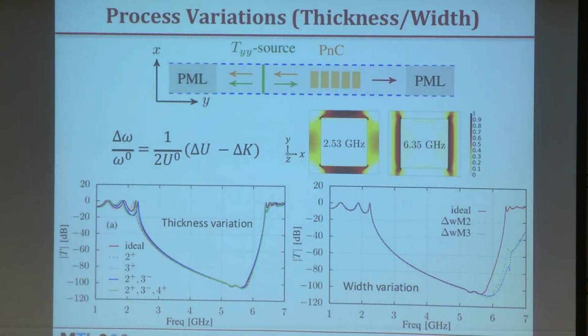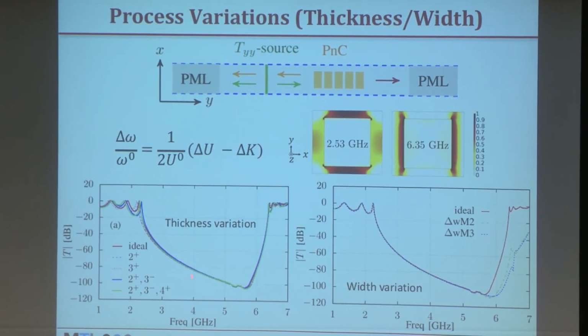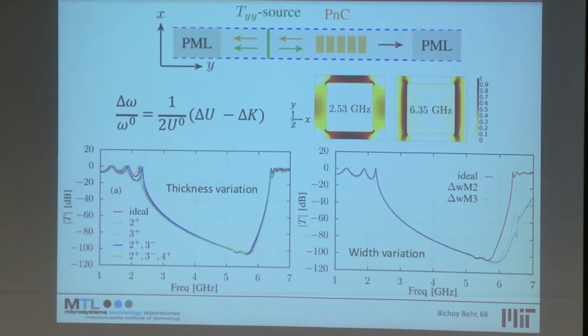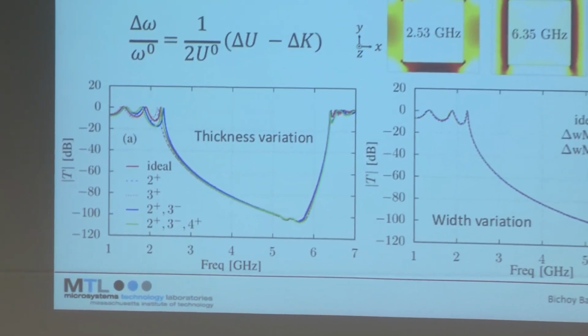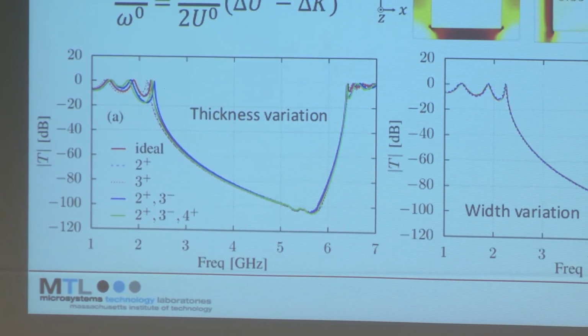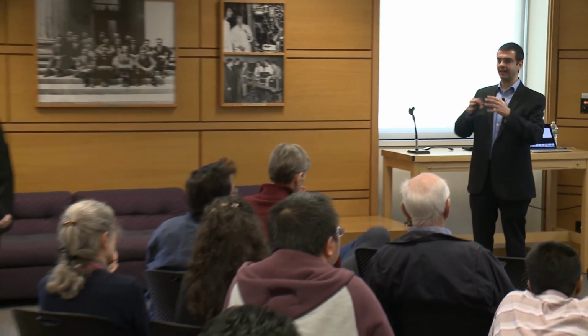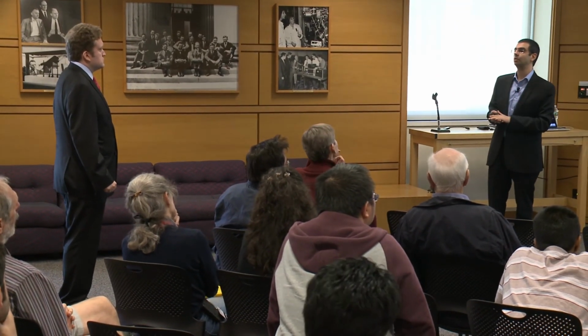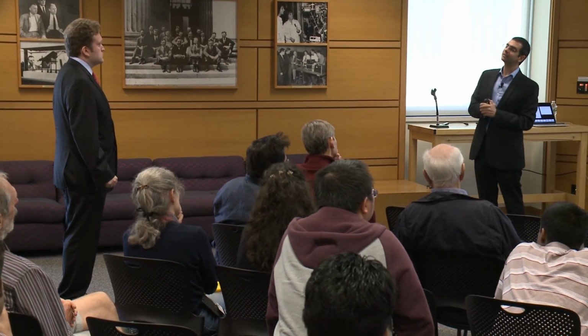Since our device operates well inside the band gap, it's almost unaffected by the variation in the BEOL PnC. But of course, when we go down to the FEOL layers, if we start changing the thickness, the frequency might change. By how much depends on the actual mode shape and how the energy is distributed. So it's not as bad.